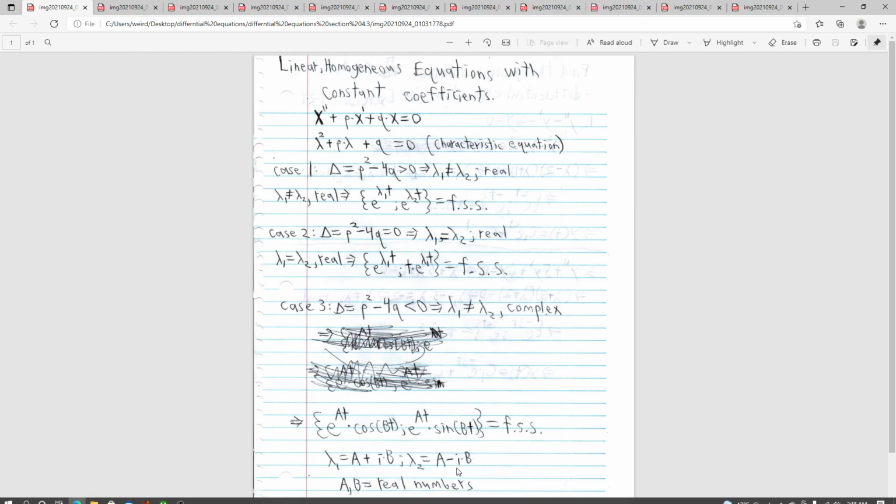I is your imaginary number, of course, and a and b are real numbers. The form of this becomes e to the at times cosine of bt, and e to the at times sine of bt. These are your two solutions.